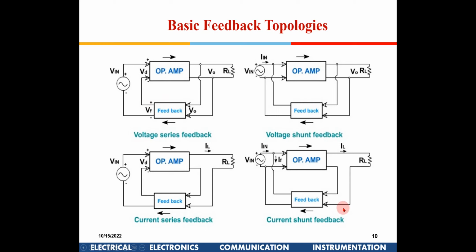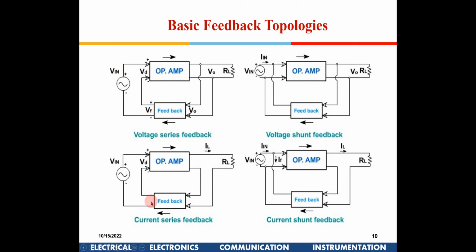For now, just understand there are 4 kinds. You can sample the output voltage or sample the output current, both options are available to us. In the top 2 cases, the voltage is being sampled. In the bottom 2 cases, the current is being sampled. And now after sampling, you can either give it in series with the voltage source, so that becomes a voltage.